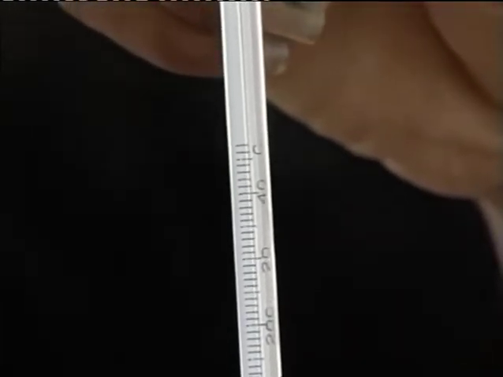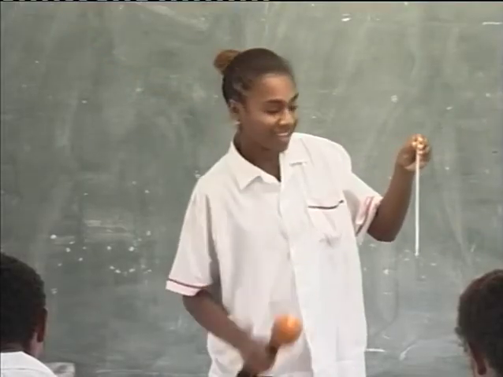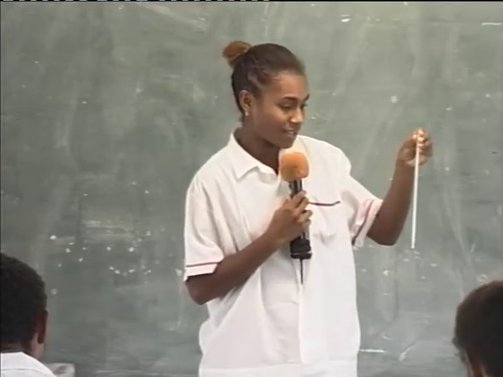As the temperature rises, the liquid expands, moving up the bulb. The bulb is measured at different intervals to give the room temperature. This can be read off in degrees Celsius.